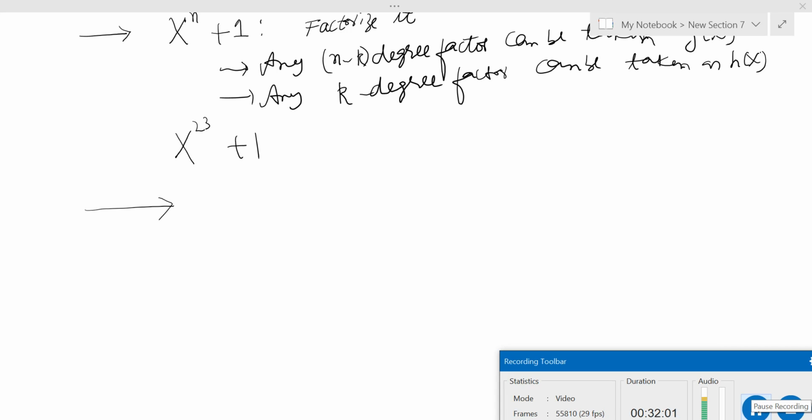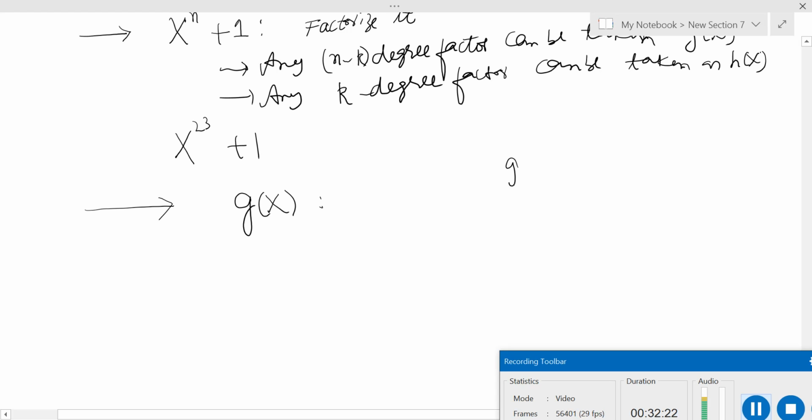Now I will show you how to construct the generator matrix from the generator polynomial. I will just show you the general way here, and then we will do the example later. So you have g of x as the generator polynomial. Do one thing.